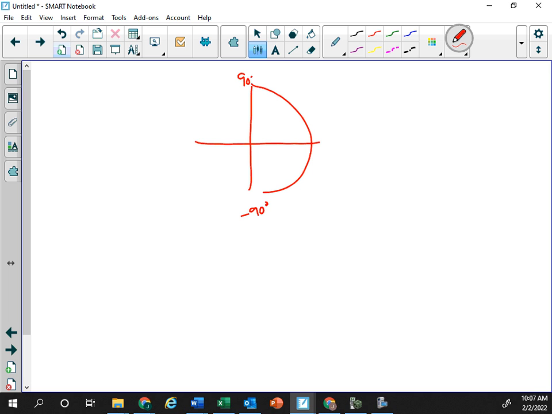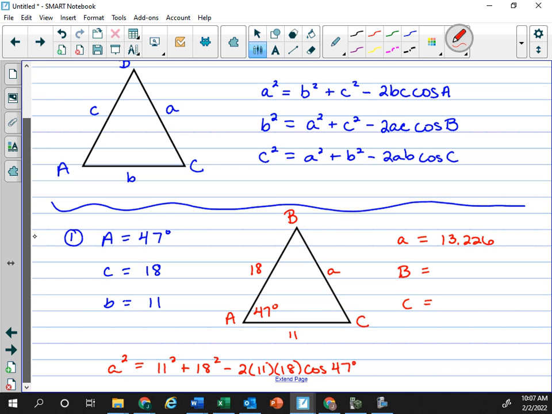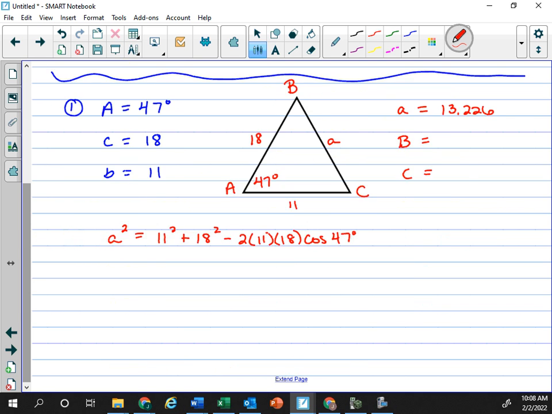So it will never give you an angle over here. So you have to know that it's obtuse to know that you need to find the supplement of it. You can find the smaller angle first if you're aware of that. If this all sounds really confusing and you're like, I'm not really sure I get it, do law of cosines the whole way through your problem, okay? Don't want you to find the wrong angle. So let's go through it with law of cosines.